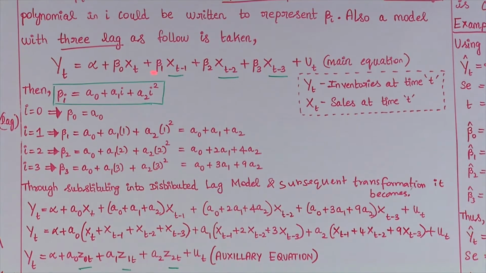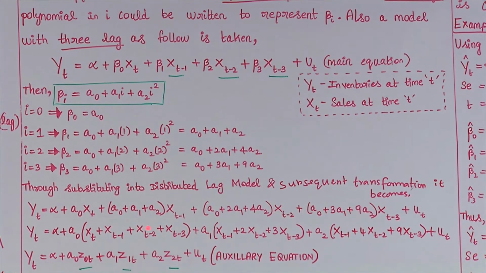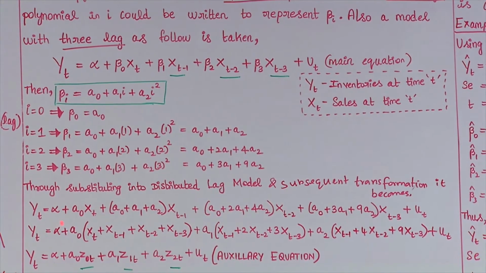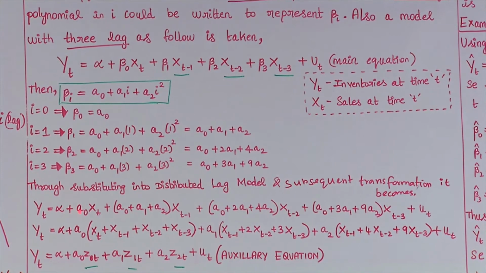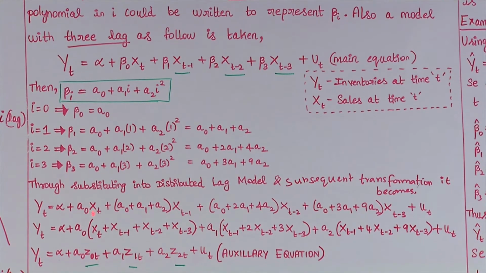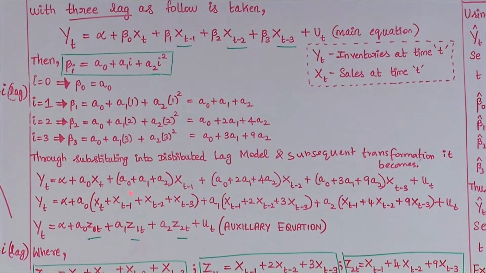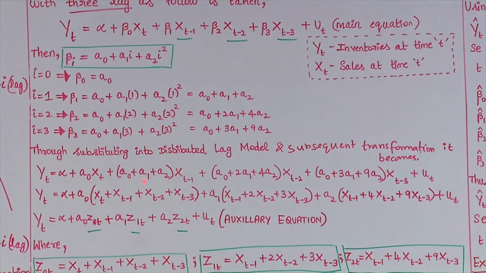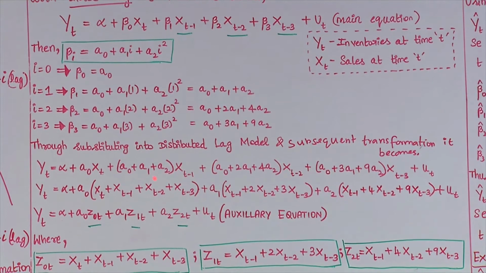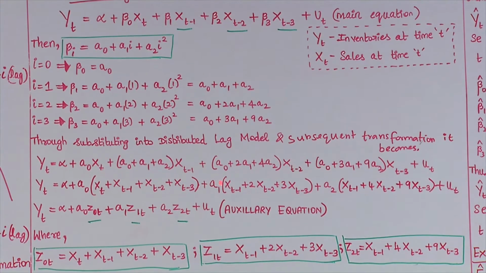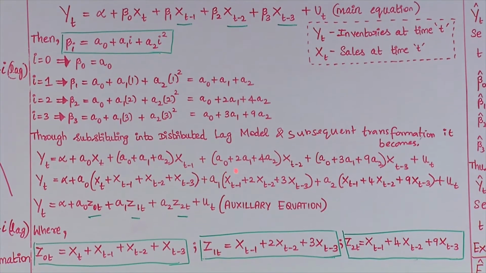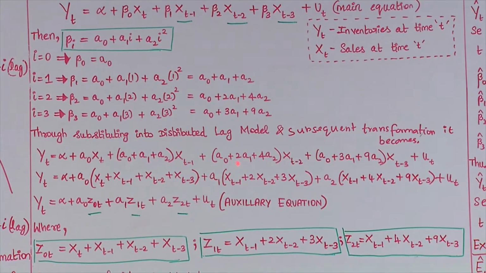You are substituting for these coefficients. So, it becomes alpha plus, instead of beta 0, you put a0 xt plus, instead of beta 1 you substitute a0 plus a1 plus a2, and instead of beta 2 you substitute a0 plus 2a1 plus 4a2.